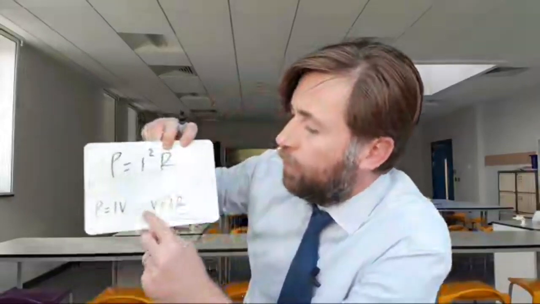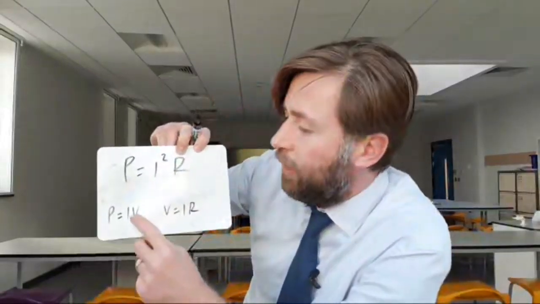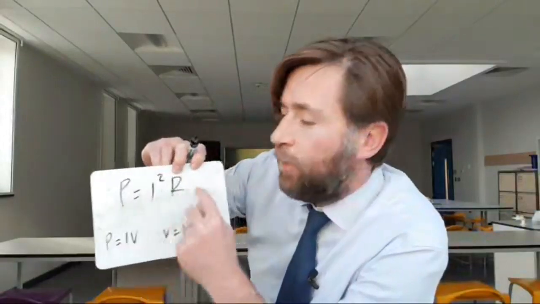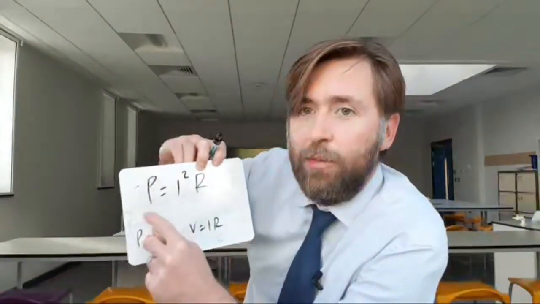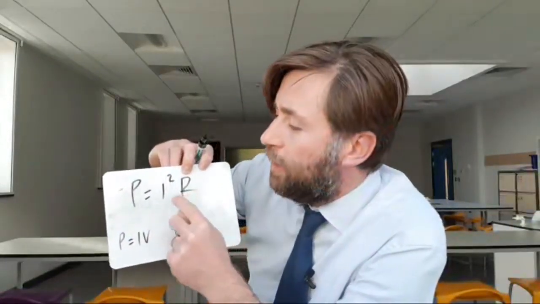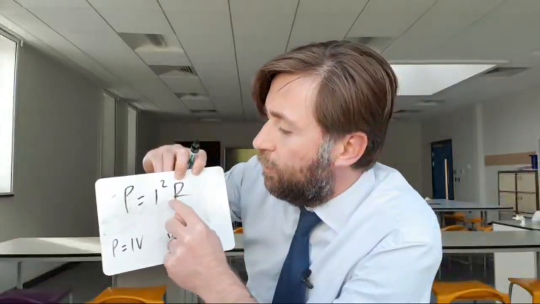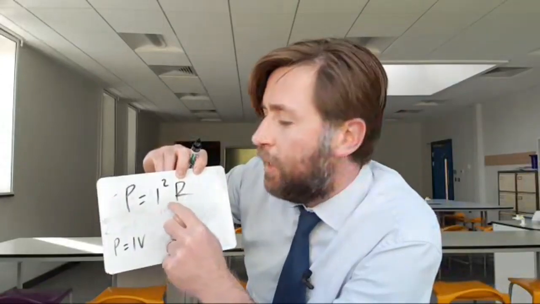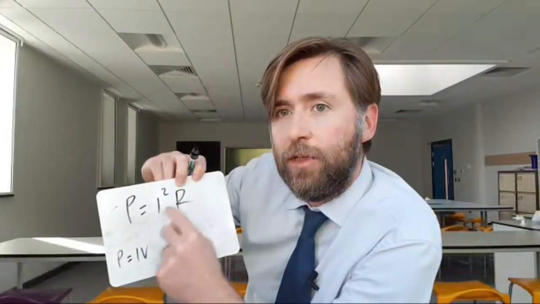If I put Ohm's law in there instead of V, I get I times IR, so I²R. And for GCSE, remember this is power loss. Now, the point is that we reduce the current in the national grid by using step-up transformers so that we get less power loss, so that they're more efficient.